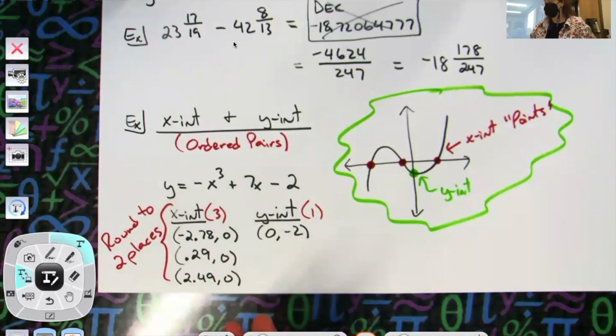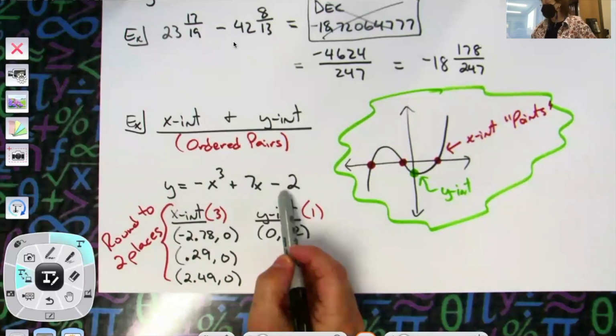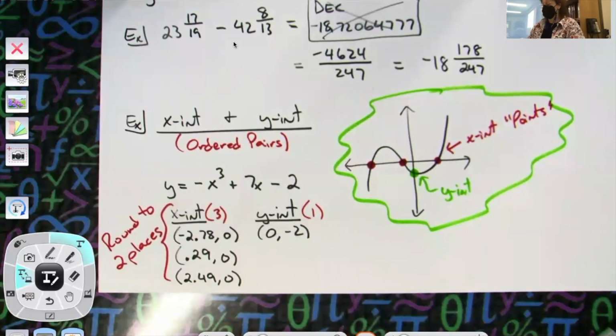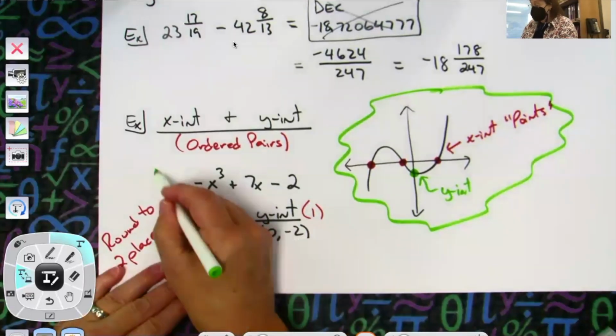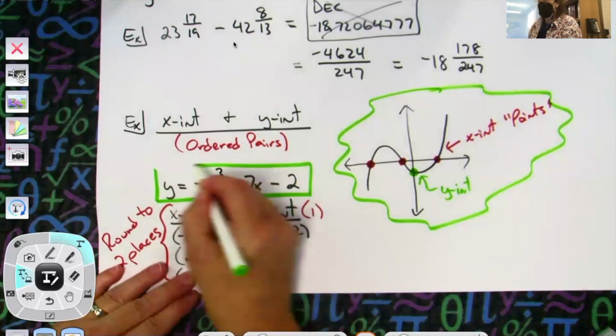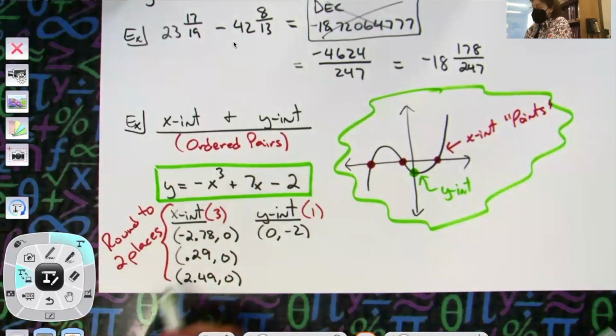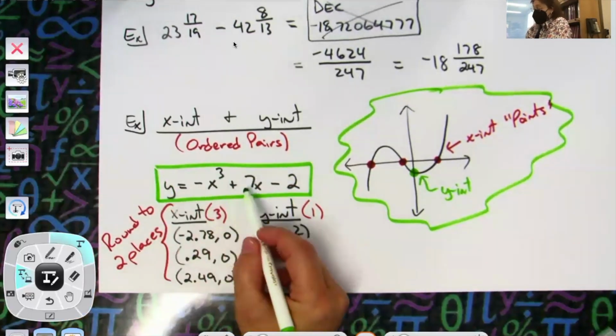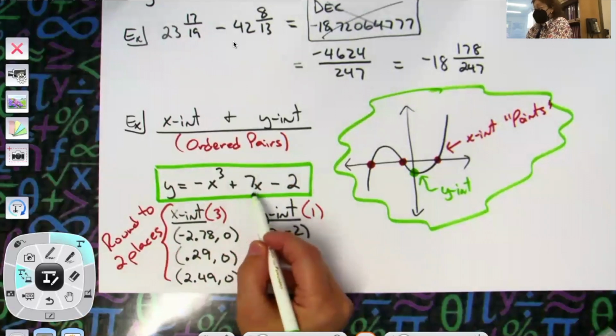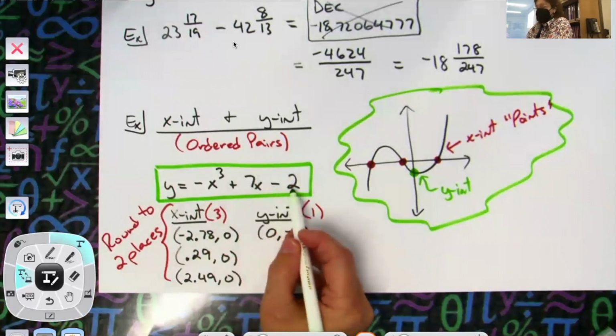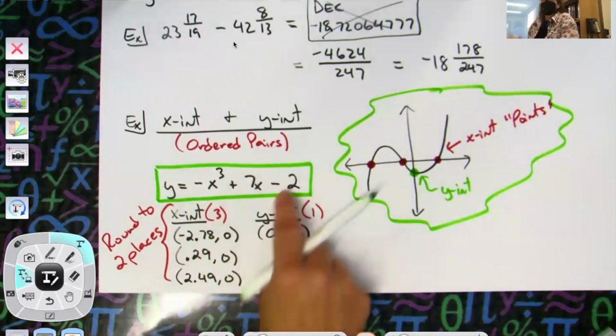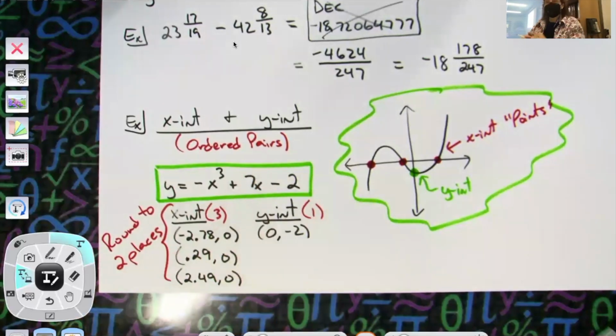It just takes practice. All right, and if you wanted to practice this at home, well, we did this in class, right? Couldn't you change negative x to the third plus, couldn't you change that to a 5x minus 3? You could change this number and change this number. It's going to give you a different graph, and then you could practice finding x and y intercepts on your own.